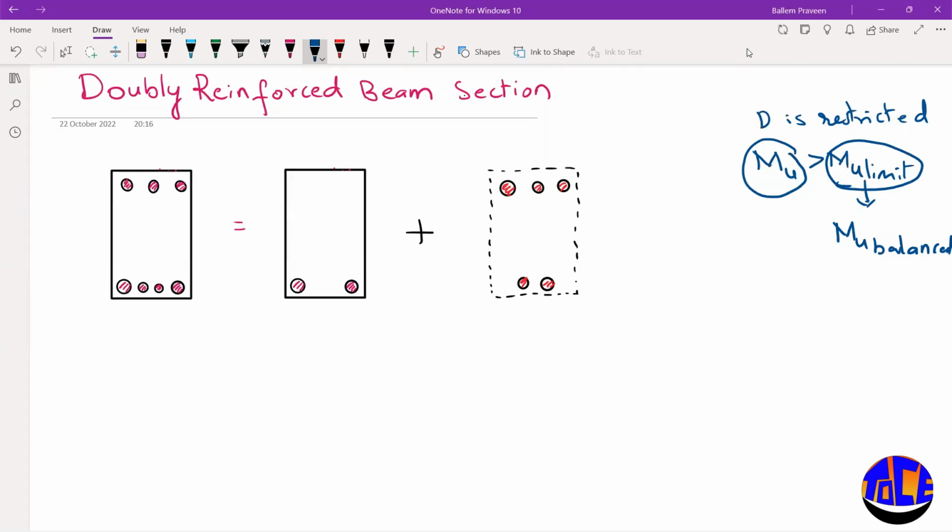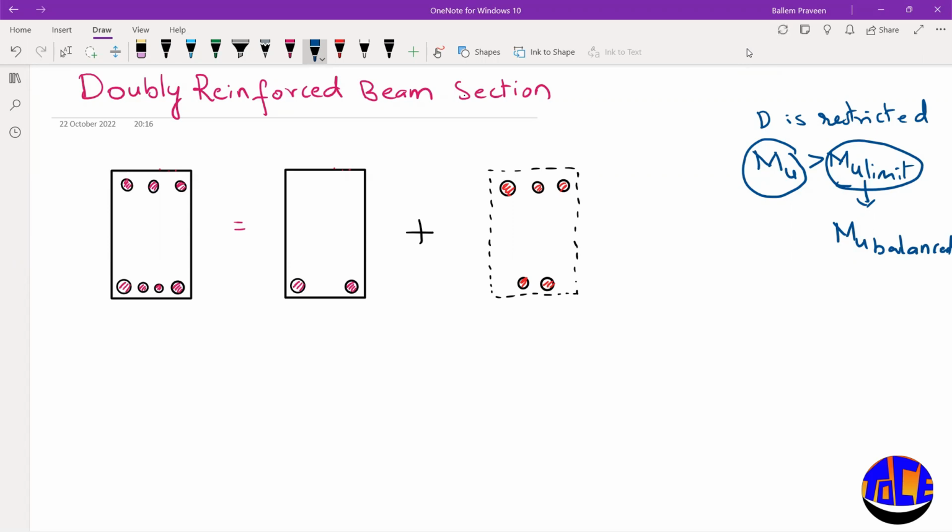Balanced section ki enta moment allow cheyochu, that is Mu limit. So if the bending moment coming on the beam due to the loads exceeds the balanced moment or limiting moment, then we'll go for the doubly reinforced beam section.